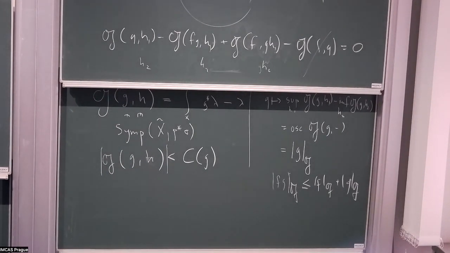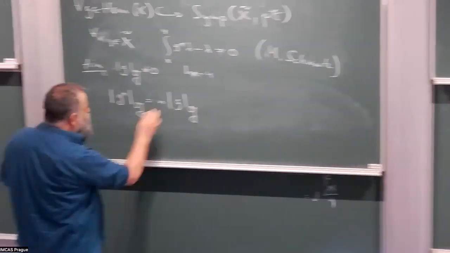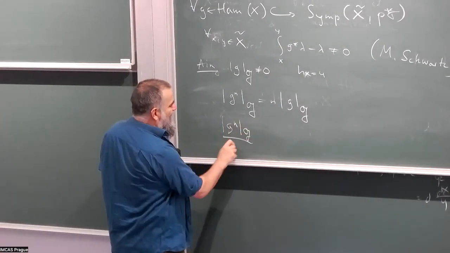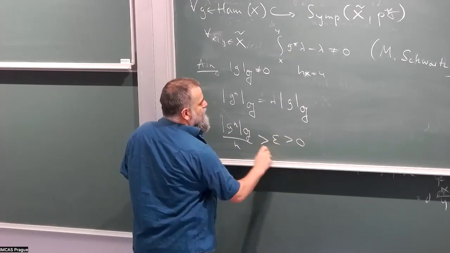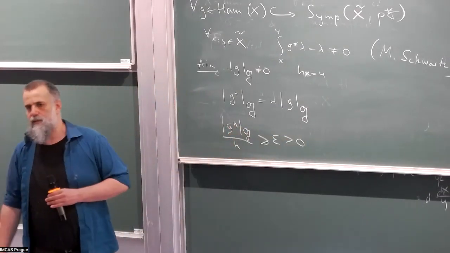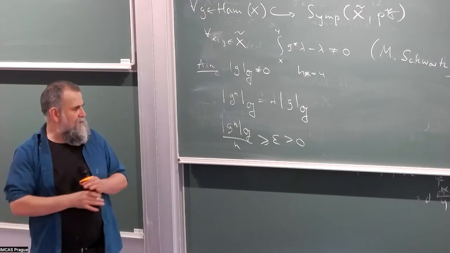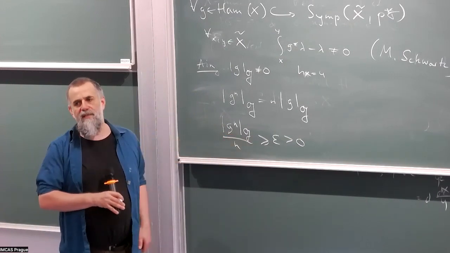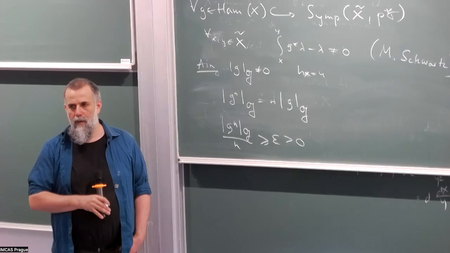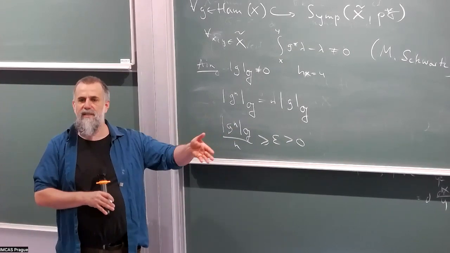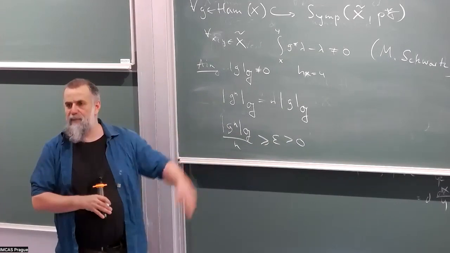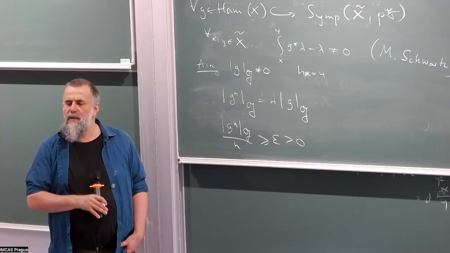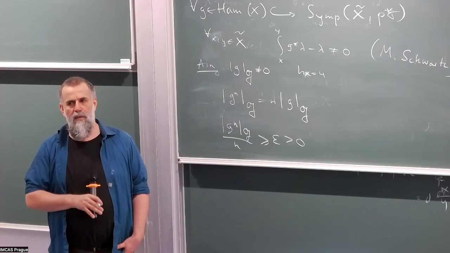So in particular, what I truly should write is that if I divide this by n, then there exists some constant such that this thing is bigger than this constant. Okay, and this is the statement which is independent of which manifestation of g I took. Okay? I have a whole family of g's indexed by x and primitive lambda. The dependence on primitive lambda is not obvious to me.